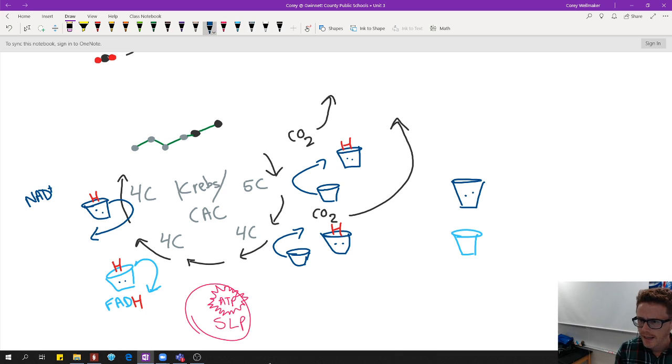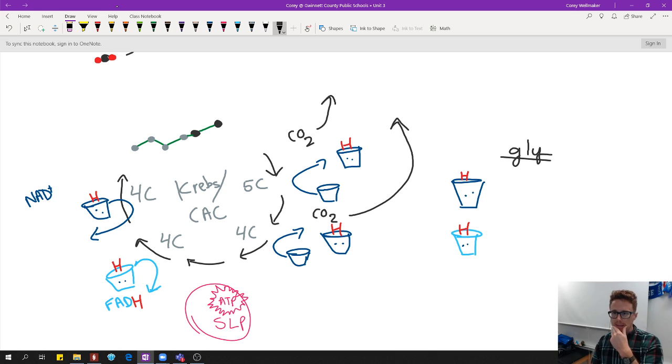So you don't have to know the numbers, but I just want to make it clear what we have so far. So think about it. From glycolysis, how much NADH did we get? We got 2 NADH molecules, and we got 0 FADH2.